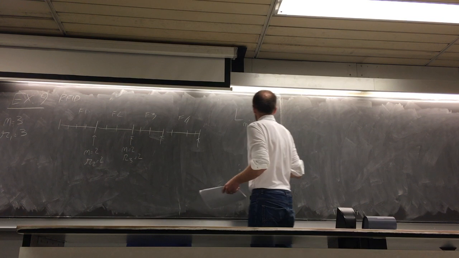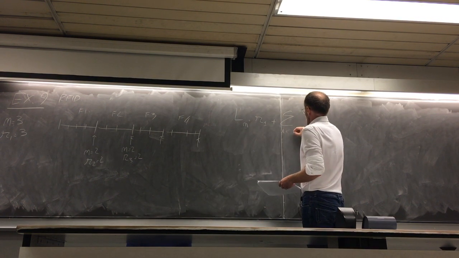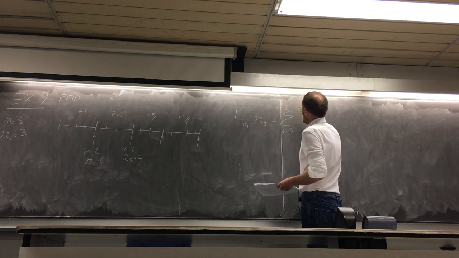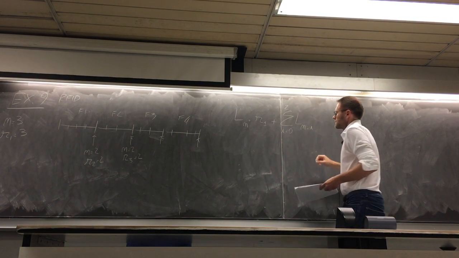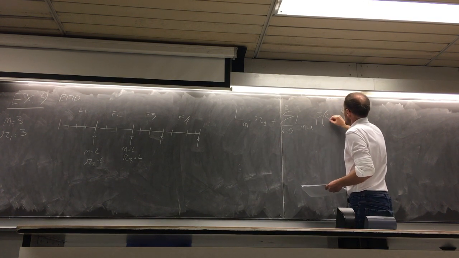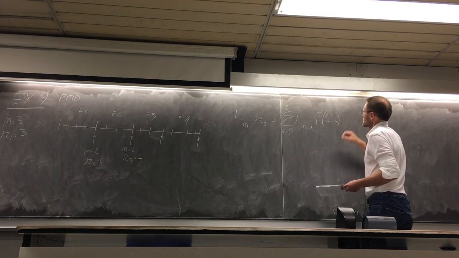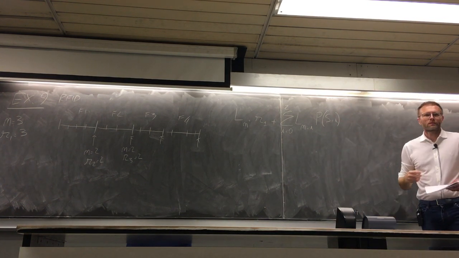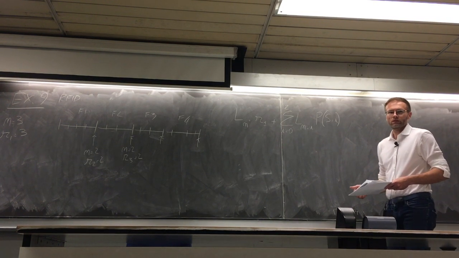The sum with i that goes from 0 to 2 of L of n minus i, times the probability that I've solved i tags after the previous frame. That's the recursion that we have to solve.